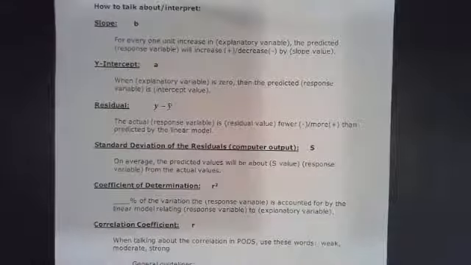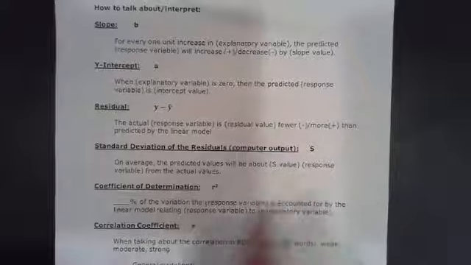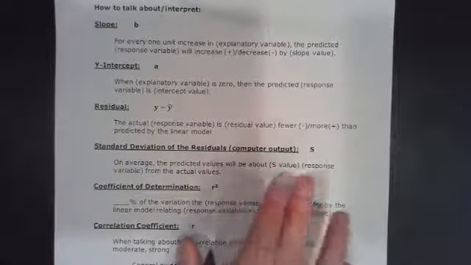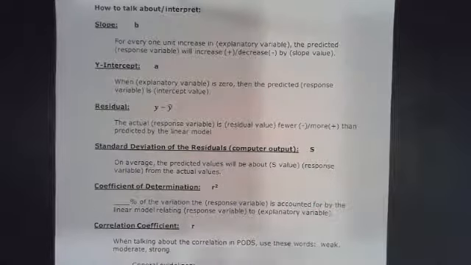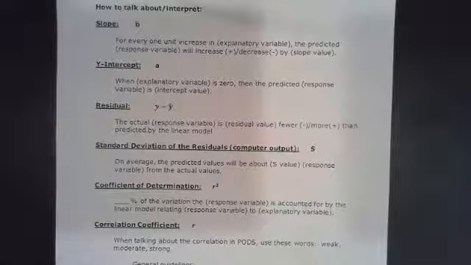Okay, standard deviation of the residuals. On a computer output, capital S, on average, the predicted values will be about S value of the response variable away from the actual values. So capital S here is the standard deviation of our residuals.